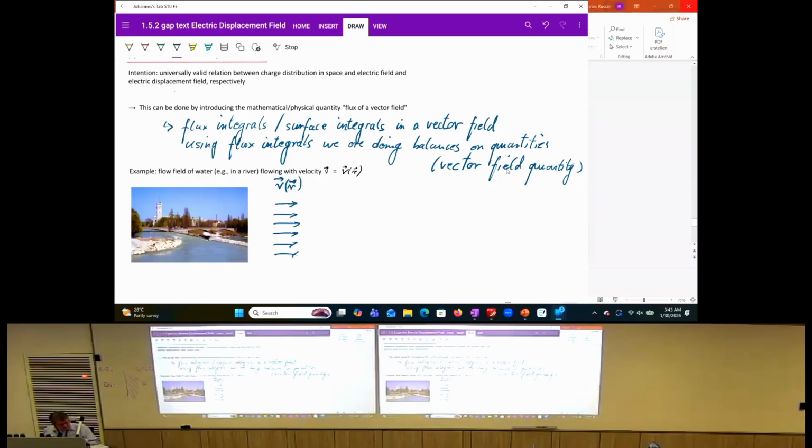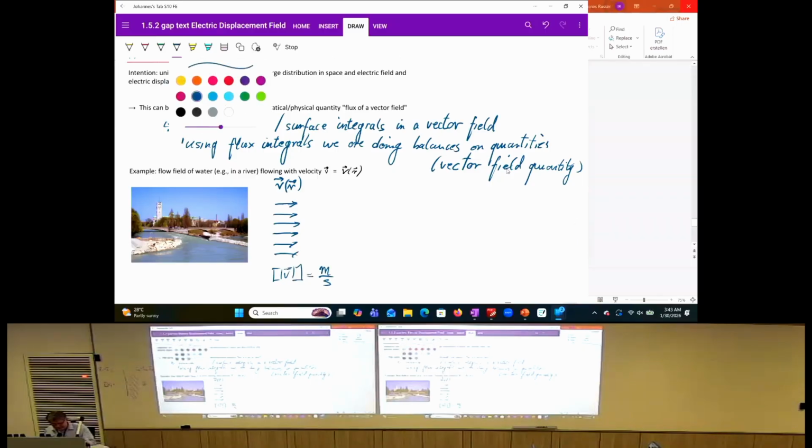They are flowing each with a certain speed, but also in a certain direction. So that's what the velocity is. You have the magnitude and the direction. The quantity of this vector field would be in meters per second.